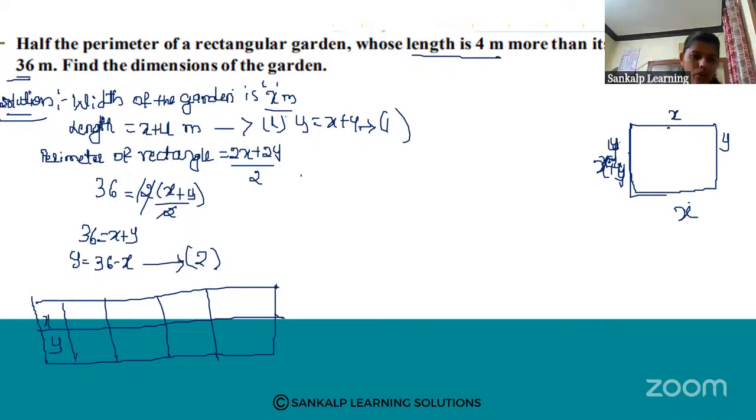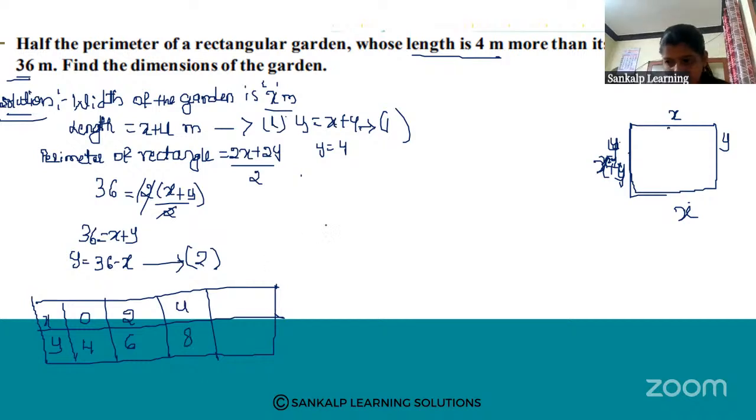Okay. Now, from equation number 1, y is equal to x plus 4. If we put x is equal to 0 here, y is equal to 0 plus 4, which is 4 only. So x is equal to 0, y value will be 4. If I put x is equal to 2, then 2 plus 4 is 6, so y value will be 6, right? Next, if I put x is equal to 4, 4 plus 4 is 8, right?